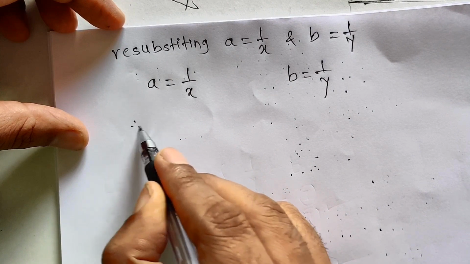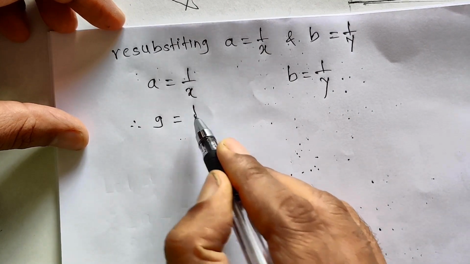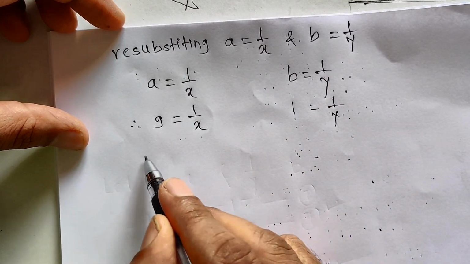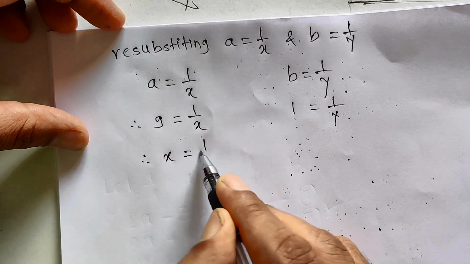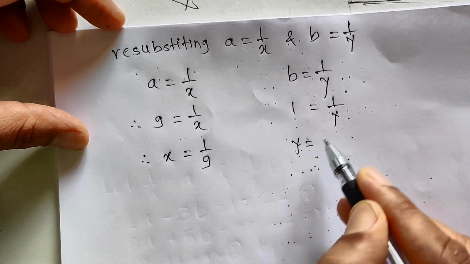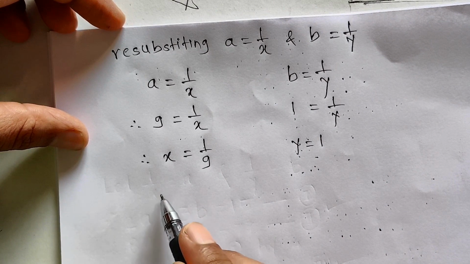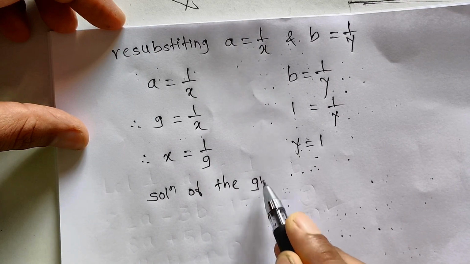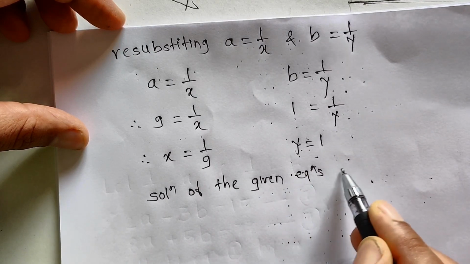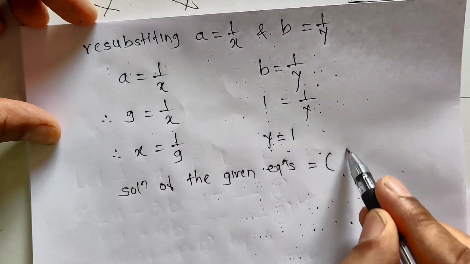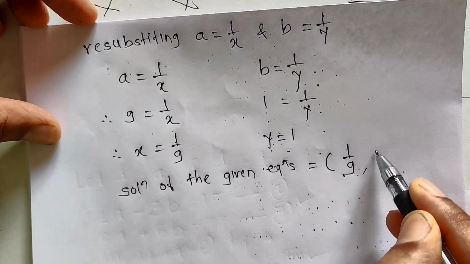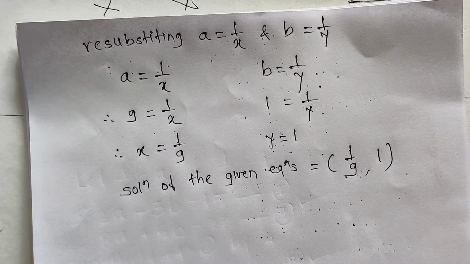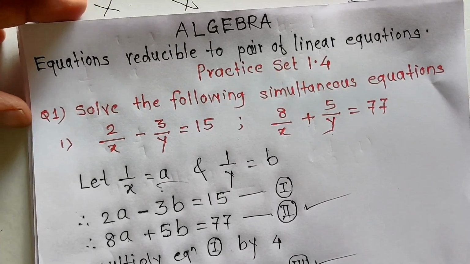Now a is equal to 9 is equal to 1 upon x and b is 1 is equal to 1 upon y. So x is equal to reciprocal of this, 1 upon 9, and y is equal to reciprocal of 1, which is 1. So the solution of the given equations is, write the value of x 1 upon 9 and then the value of y. In this way we can solve equations which are reducible to linear equations.